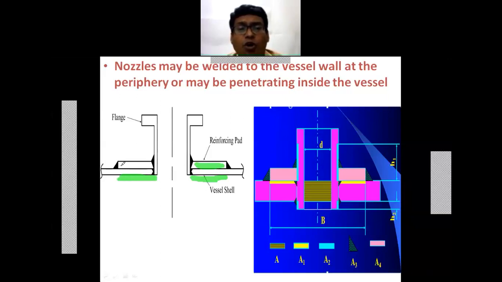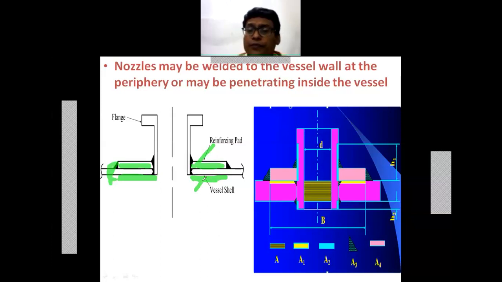This is already provided and this is additionally provided, so it is balanced on both sides, inside as well as outside. That means the reinforcing pads are welded on the outside as well as the inside of the vessel shell. That is the balanced reinforcement.